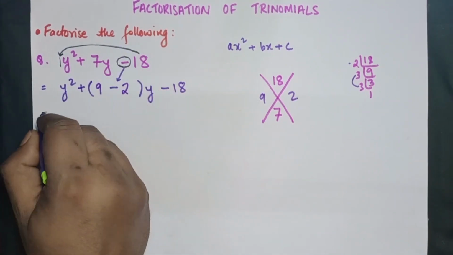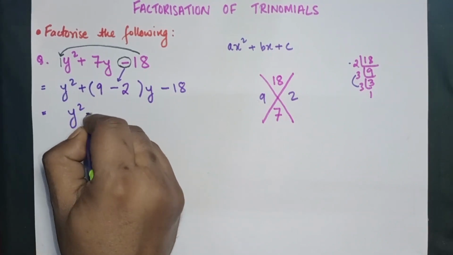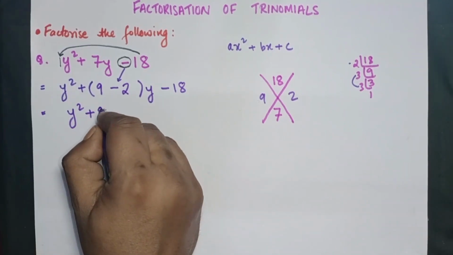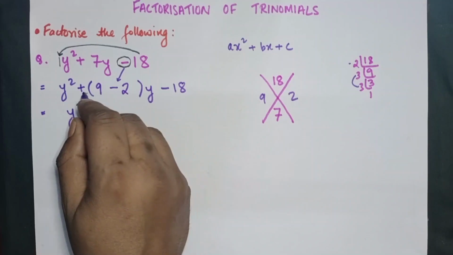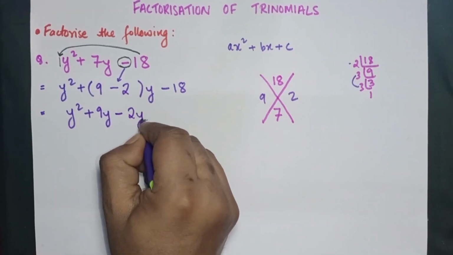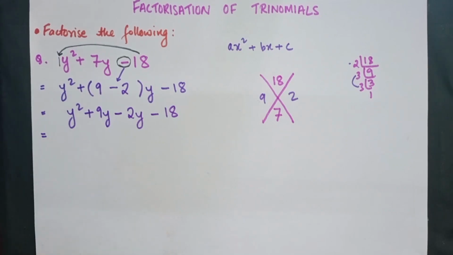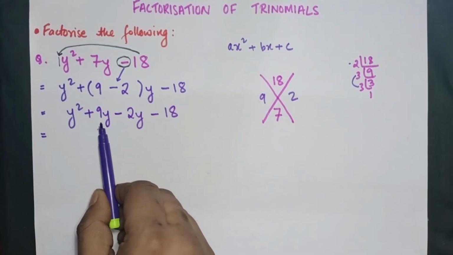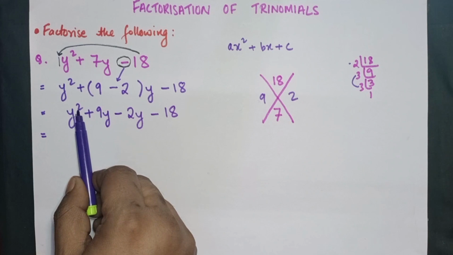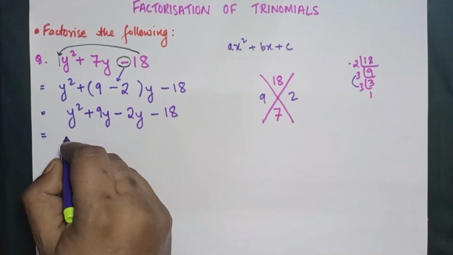Now this will be your y square plus 9y minus 2y minus 18. What you have to do is take common from these two. You can see y square means y 2 times is there, so I can take y common.